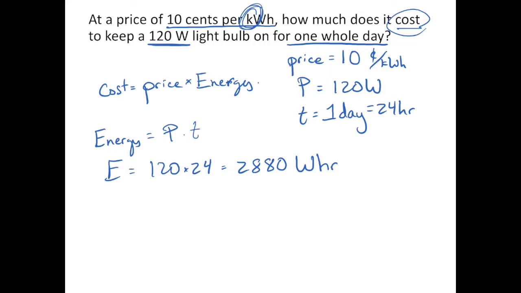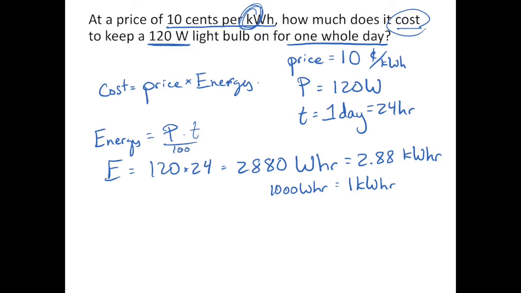Kilo represents 1,000, so we have to divide this by 1,000. Because 1,000 watt hours equals 1 kilowatt hour. And usually our prices are in kilowatt hours just because that's how they do it. And so you get 2.88 kilowatt hours.